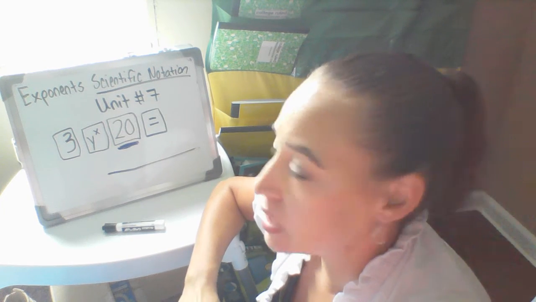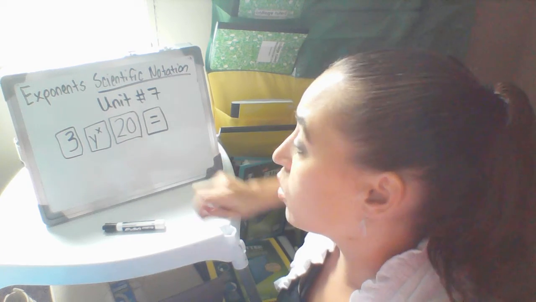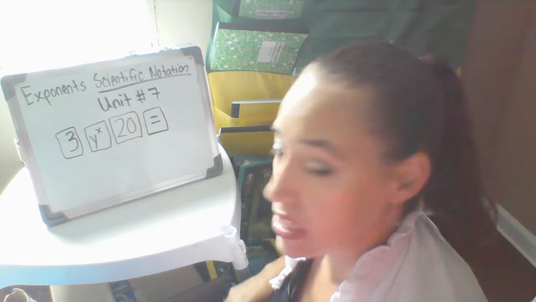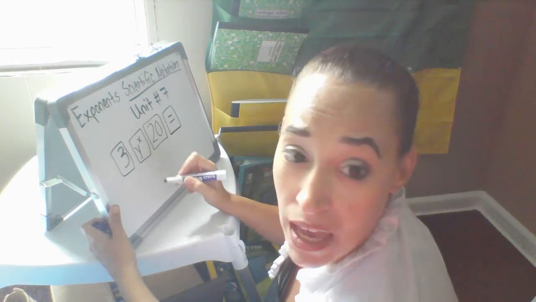If you have a different calculator, or if you're working on this at home, you could have something that looks like this. It's called a caret sign. You might not have y to the x.